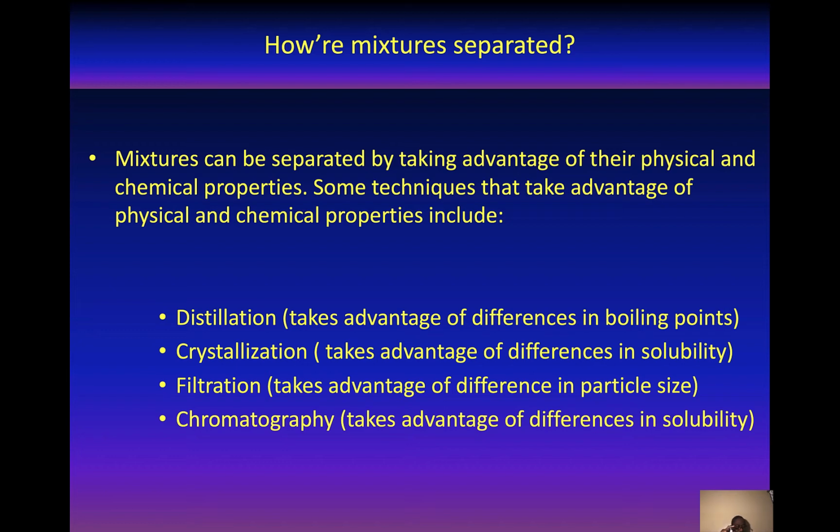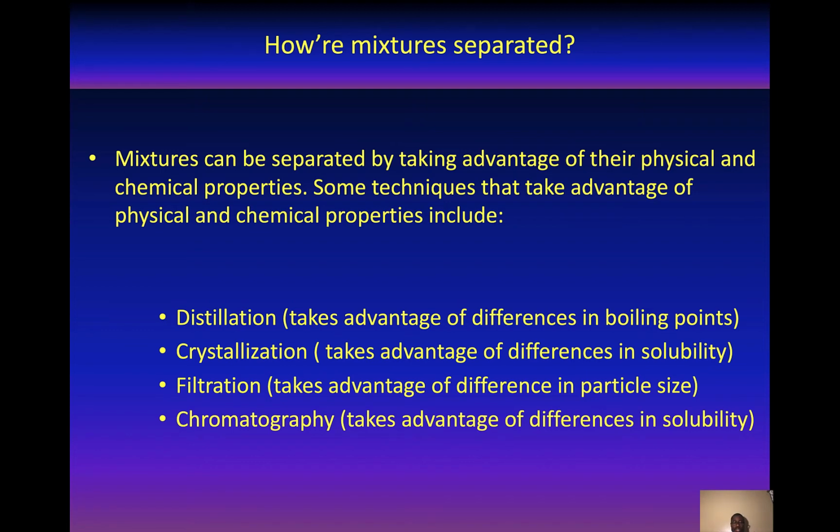You just have to make sure you pick the right filter paper with the right pore size to be able to filter out what you want. The next technique is chromatography. Chromatography also takes advantage of differences in solubility. As you study chemistry further, you would practice some of these techniques in the chemistry lab or even in your research.